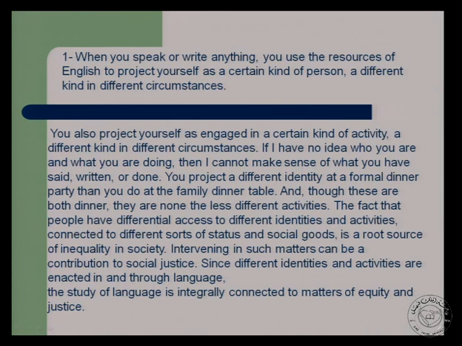You also project yourself as engaged in a certain kind of activity, a different kind in different circumstances. If I have no idea who you are and what you are doing, then I cannot make sense of what you have said, written, or done. In other words, the activity you are engaged in to a great extent also can tell me who you are and why you do use that language but not another language.